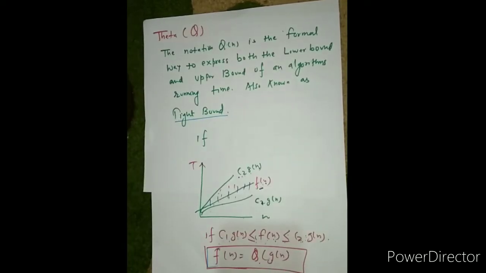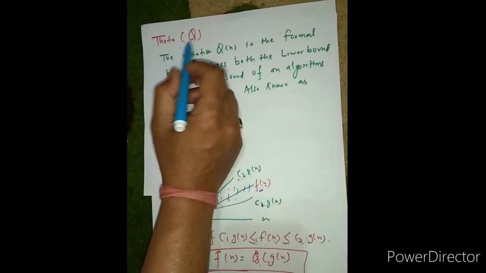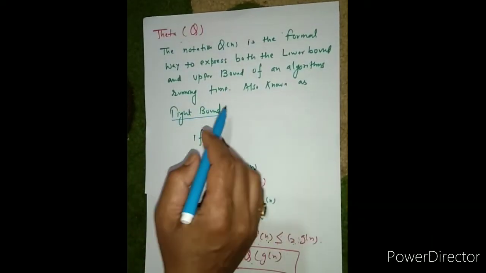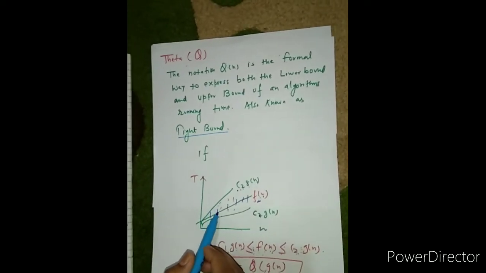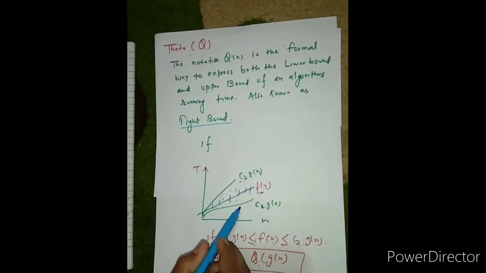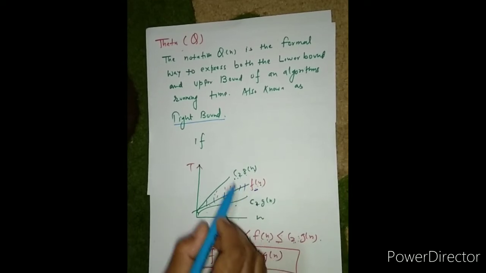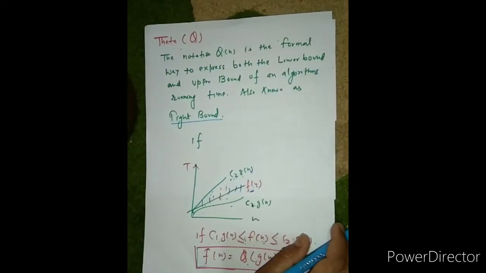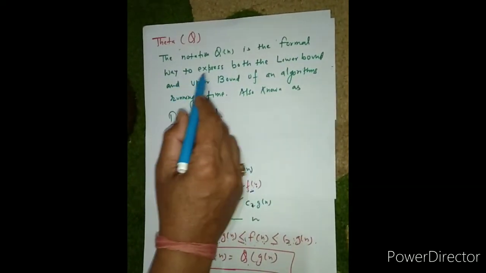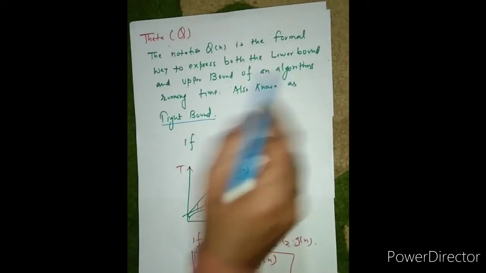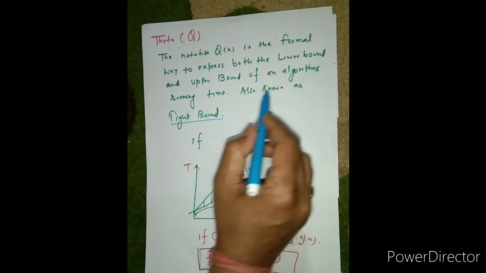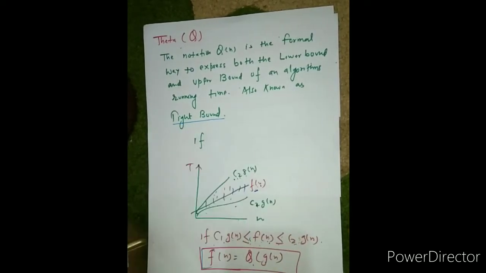And third is the theta notation. The theta notation is the average case. It is the upper bound and the lower bound. The notation theta of n is the formal way to express both the lower bound and upper bound of an algorithm's running time, also known as tight bound.